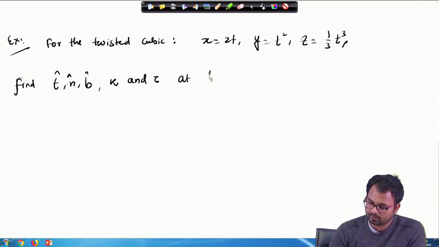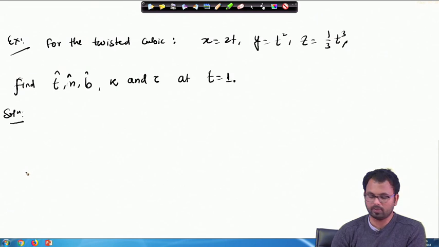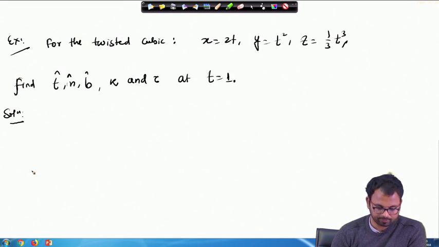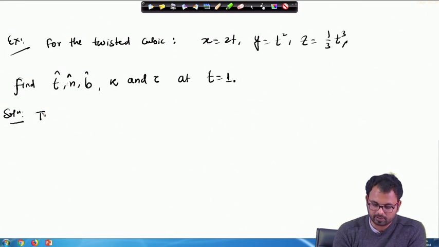at t equals 1. So, at t equals 1, our given point is basically (2, 1, 1/3).